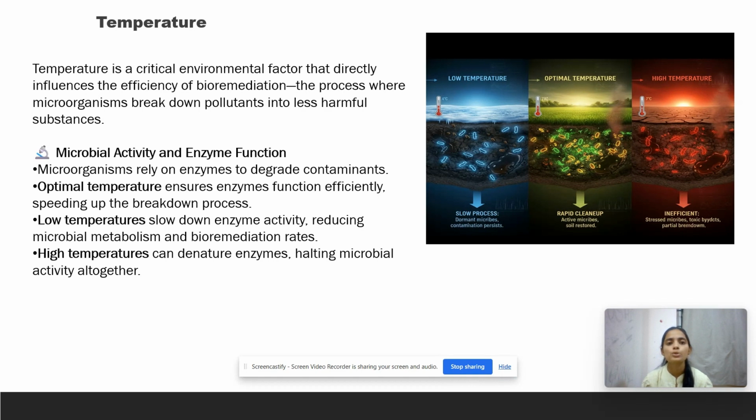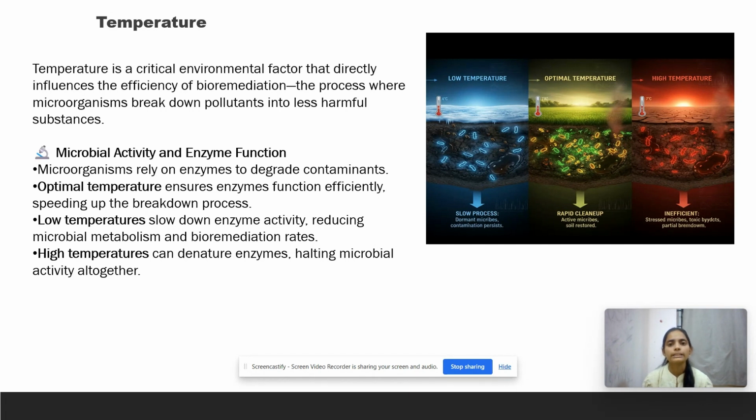Temperature plays a crucial role in the efficiency of bioremediation. The optimal temperature is needed for the good working of microbial enzymes, which further leads to bioremediation. In low temperature, microbes go dormant, and solubility and metabolism of microbes are reduced, finally leading to a lesser bioremediation rate.